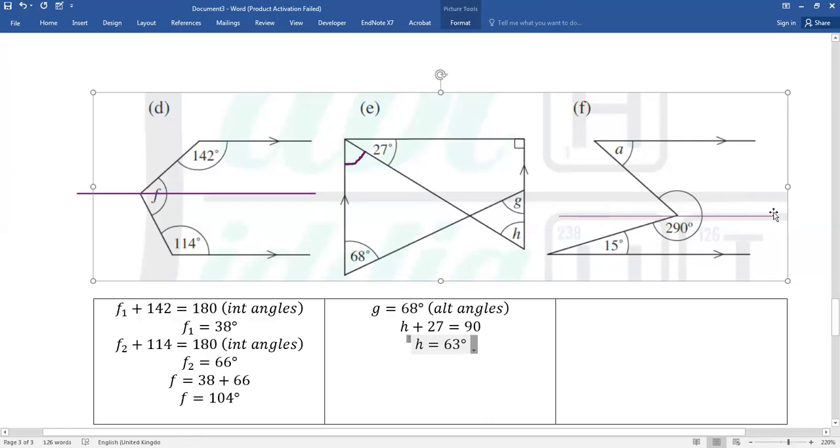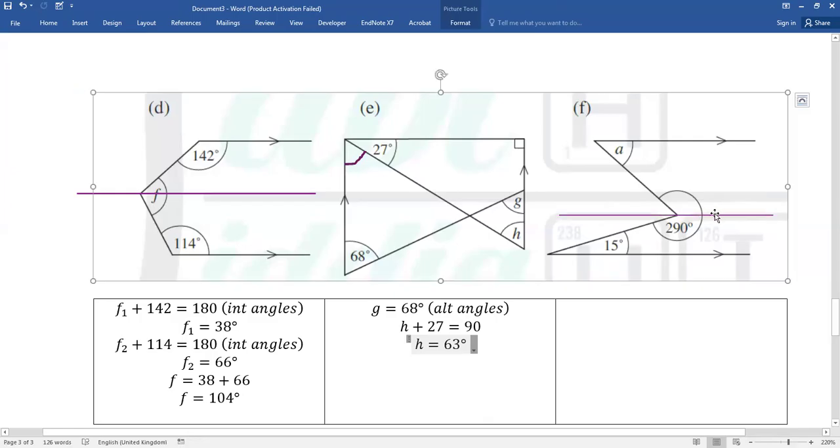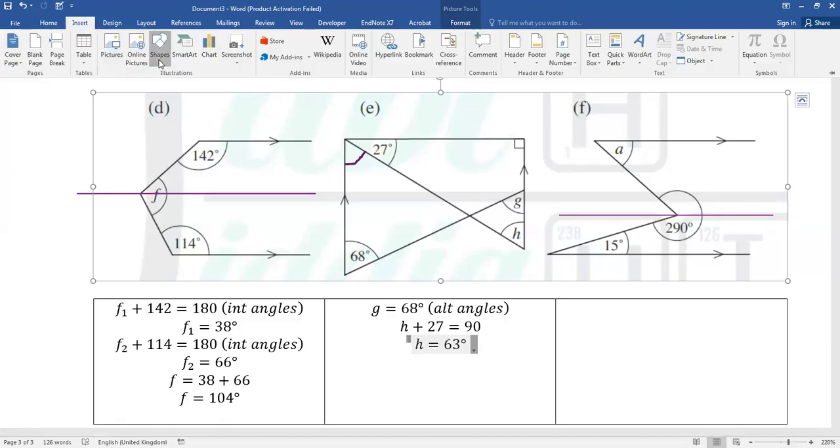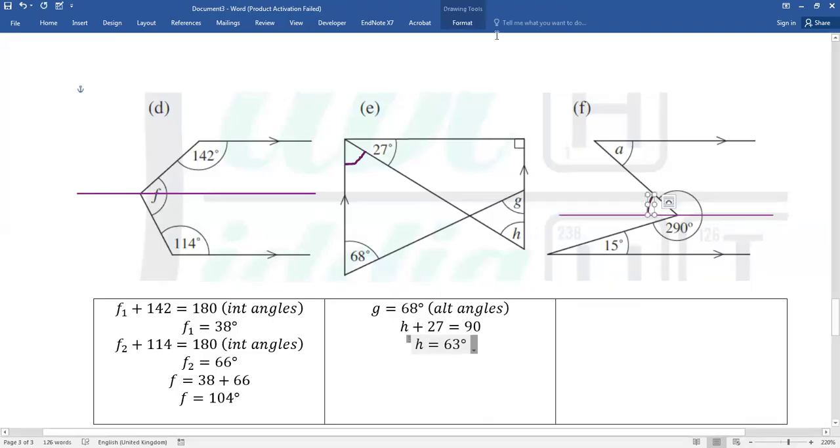In this, since this is 290, we simply divide it into two parts. No, we do not know that the two parts are equal or not. We cannot assume that. So we can do 290 minus 15. If this is a, can I call this as a as well?